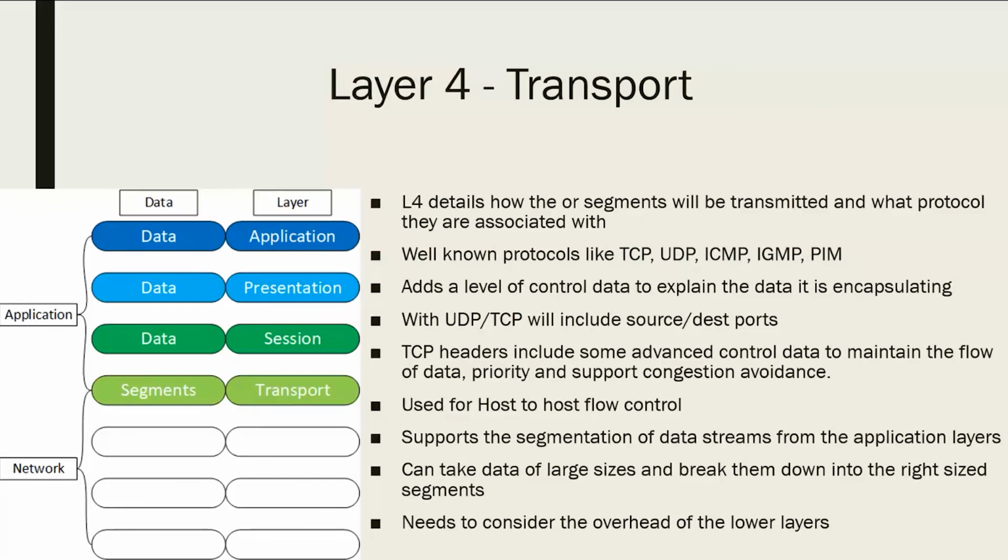The end host will have to process that as an individual segment. Whereas if you send one large segment compared to 10 smaller segments, that's one packet versus 10 packets that you have to process, which can sometimes make a difference in performance and resource utilization.